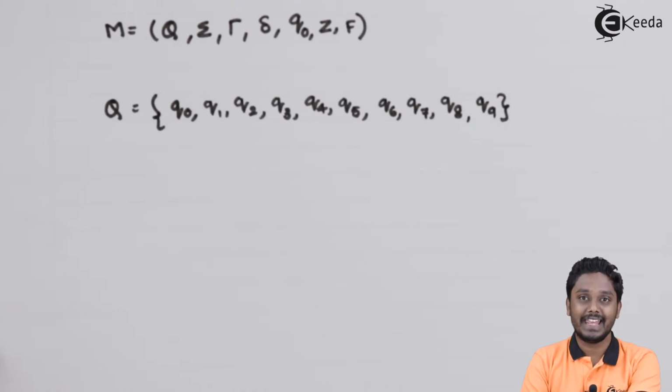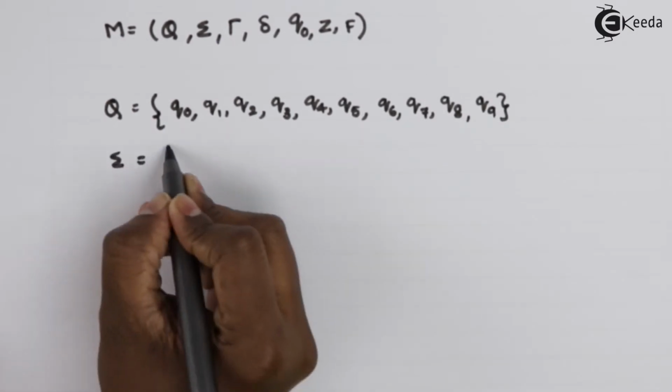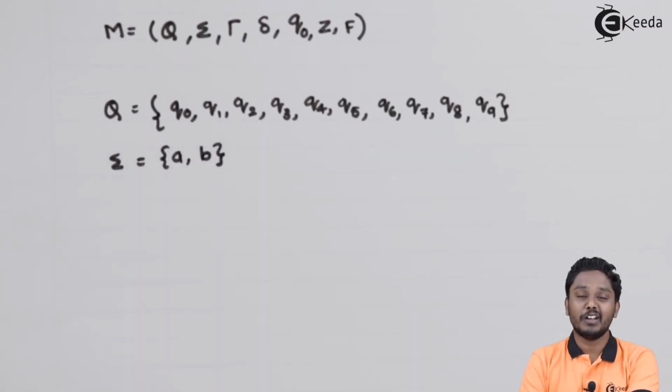Sigma will contain A and B. Tau will contain 0 and Z.